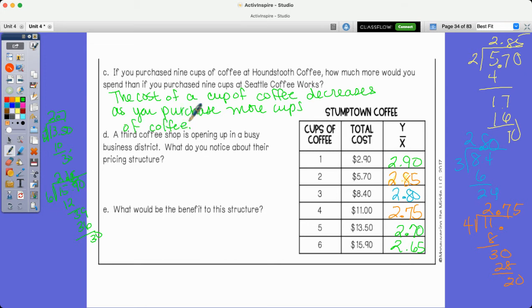Which is why we shouldn't assume that a table is all the same, just like I did, because sometimes it's not proportional, and we need to know that. So what would be the benefit to this structure?